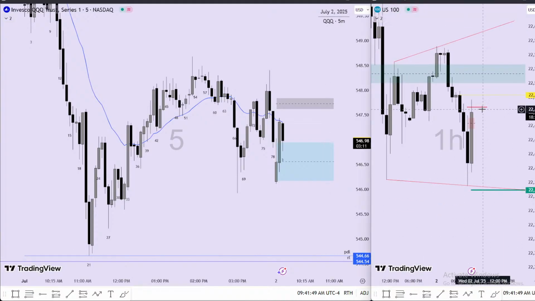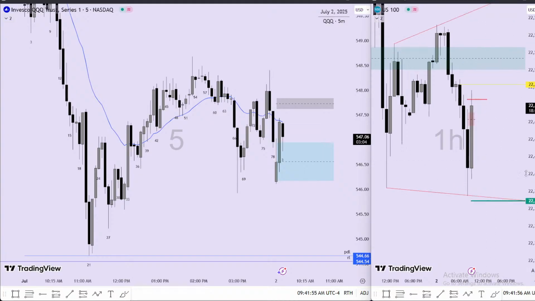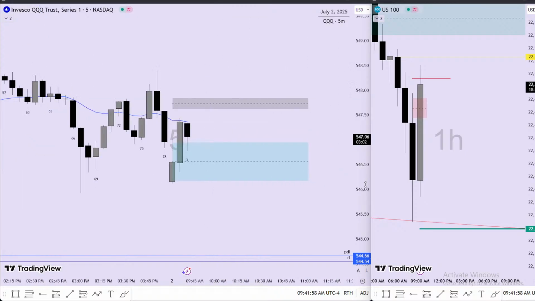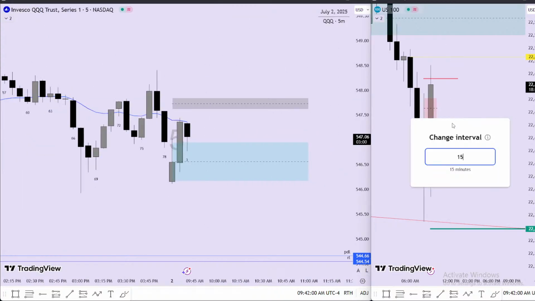Then it can be the case from this point to that point. If the first 15 minutes is about to close.